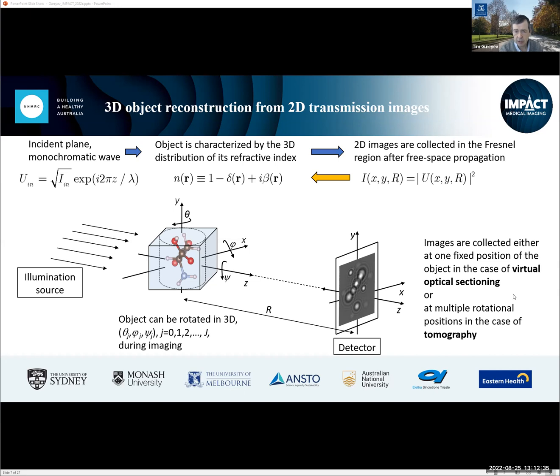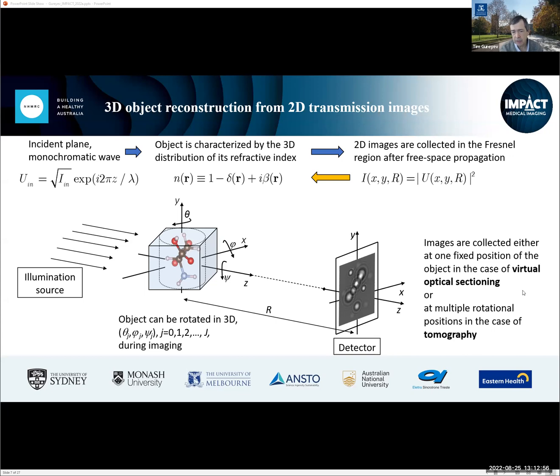At that point, I would like to mention an exciting possibility for reconstructing the 3-dimensional structure, not from multiple images, but just from a single image, if certain conditions are met. That type of 3-dimensional imaging is sometimes called virtual optical sectioning.